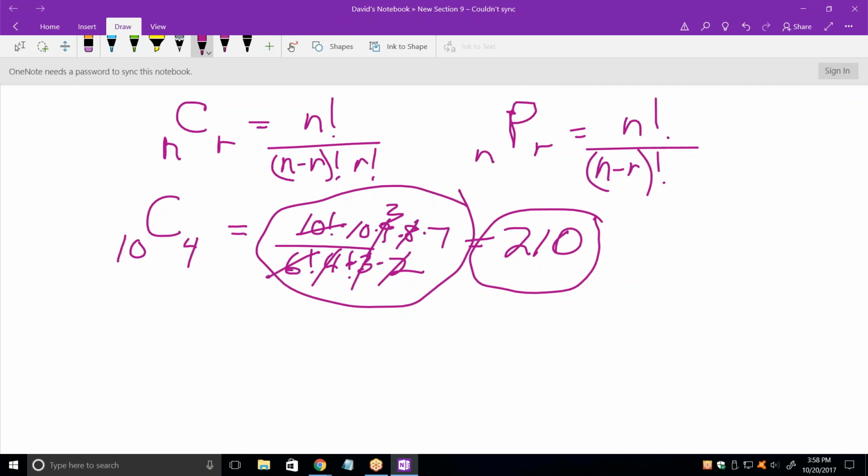Now, permutations. The reason I said I should have written the permutation formula first, notice that it's n factorial over n minus r factorial. Yes. The only difference is the choose one has another factorial in the denominator. Right. And the way I always remember it is I know I have two n's and two r's.